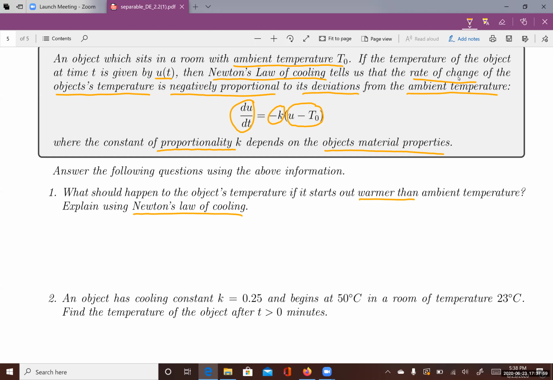Decrease is acting negatively. So at first it started higher, this is T0 here, and this is U0. Over time it will decrease, approaching this ambient temperature. Okay.